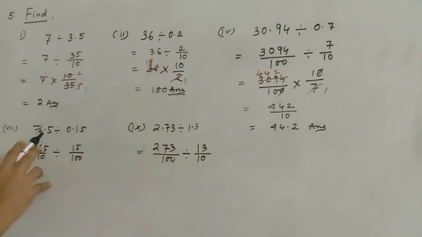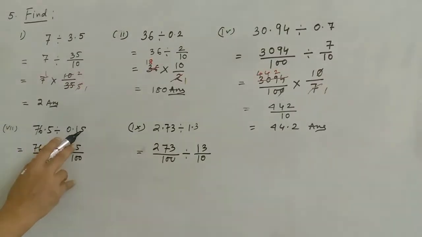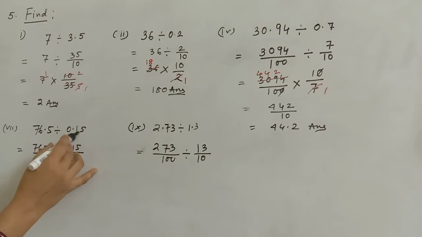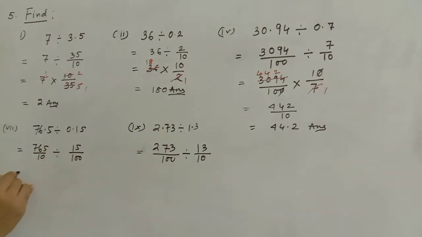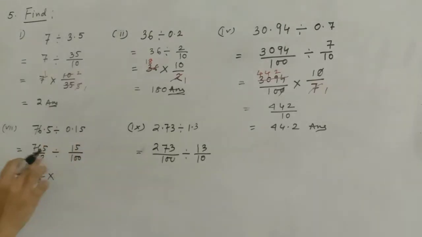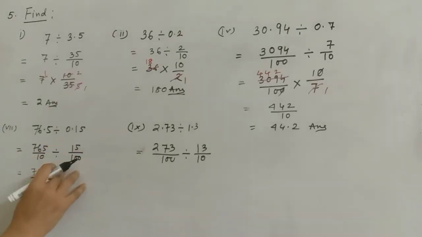Next question, 76.5 divided by 0.15. It is 1 place of decimal, so 10, and after decimal 2 places, so 100. Now 765 by 10, and make the reciprocal of the divisor. Always I am giving one extra line to make the decimal point into a fractional number, and the division sign I am keeping as it is.